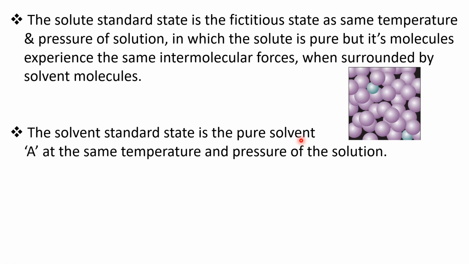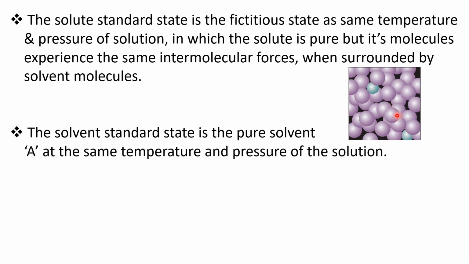And the solvent standard state is the pure state at the same temperature, because the solvent is mostly surrounded by solvent molecules. Only, as I told you, this solvent molecule is a little bit surrounded by solute molecules, so it is almost the pure state, slightly modified.